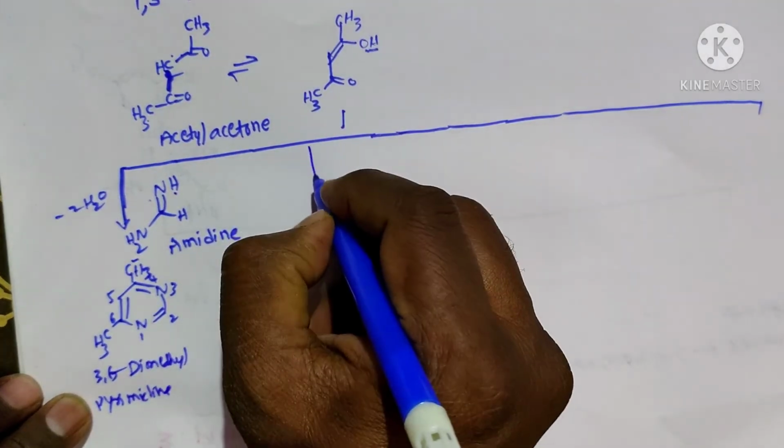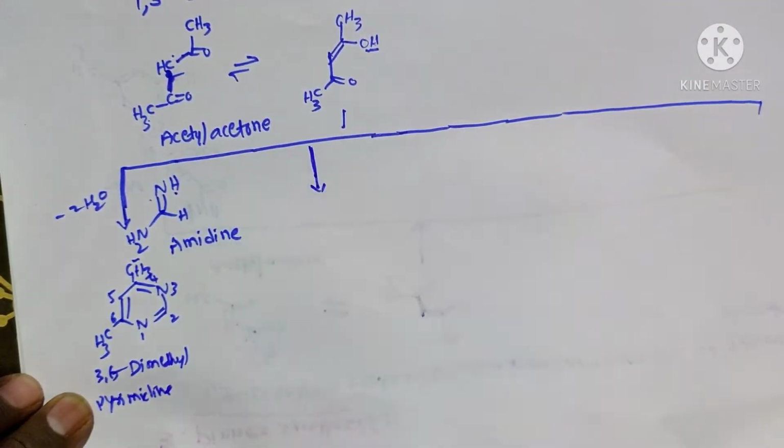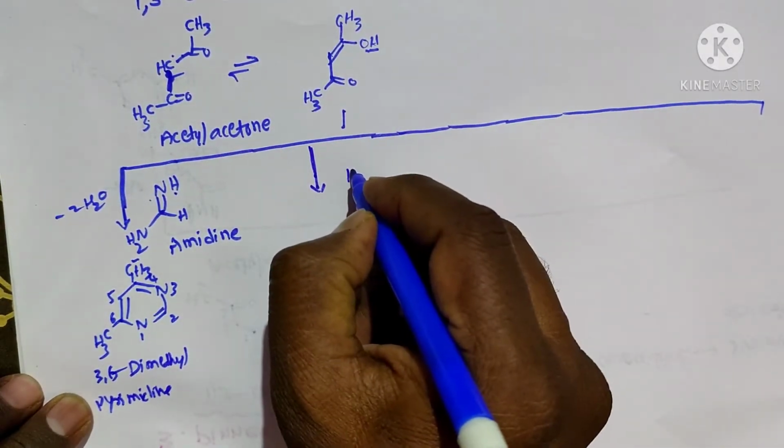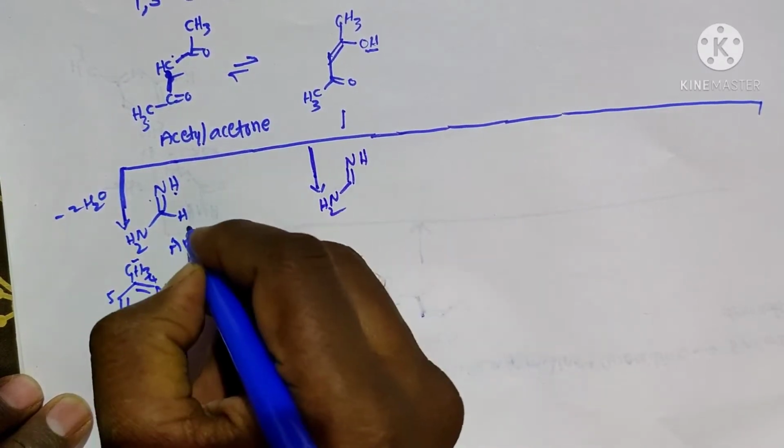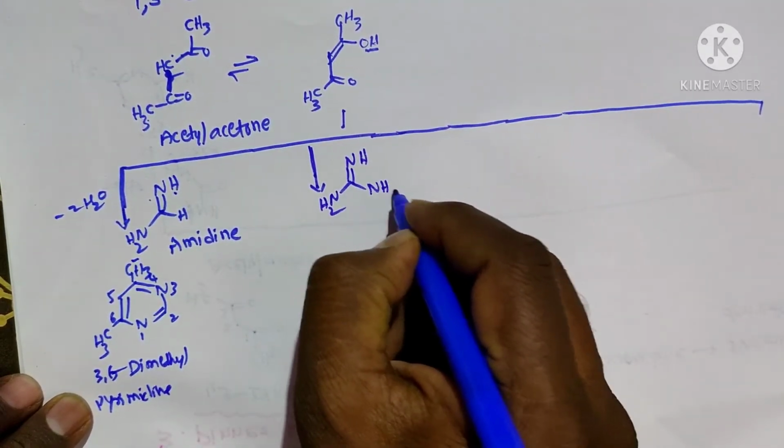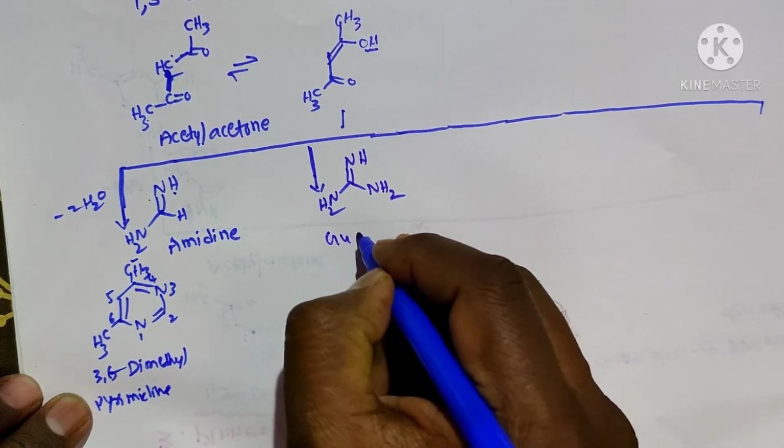Next we make use of guanidine. Now the guanidine structure is very similar to amidine, but here in place of this hydrogen we have one more NH2. This is guanidine.